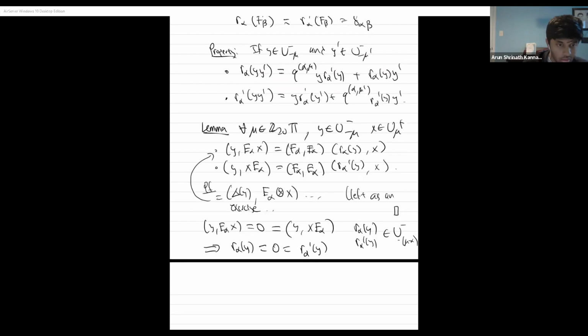Okay, so we showed that r alpha of y is equal to 0 and r alpha prime of y equals 0. But our ultimate goal is to actually show that y equals 0. And so we need the following lemma here.